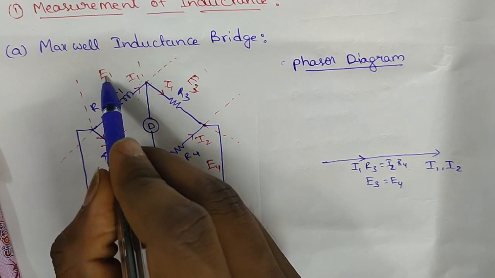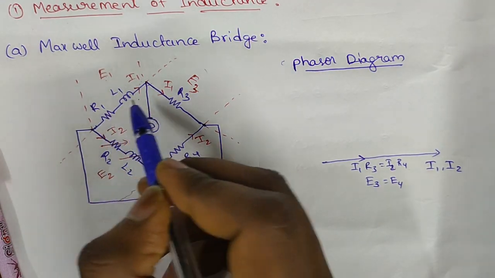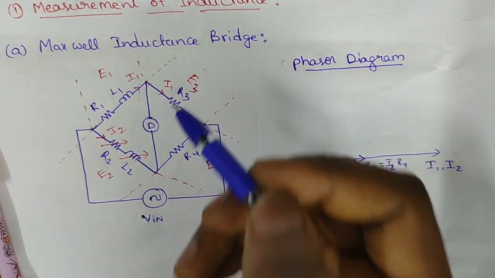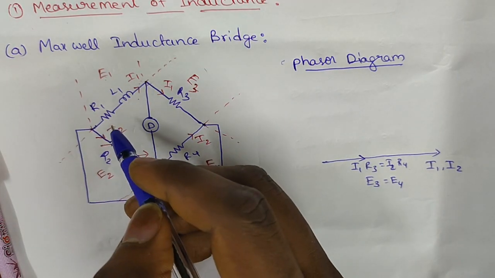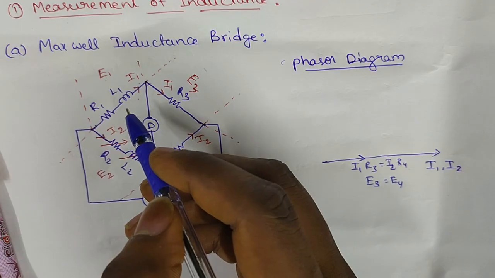Now E1 and E2: E1 has a resistive and an inductive drop. The resistive drop with respect to the inductive drop will be 90 degrees.